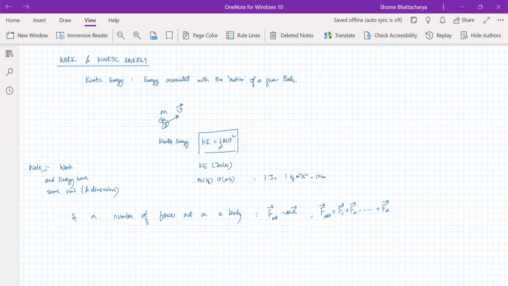So the net work done by all forces becomes this.